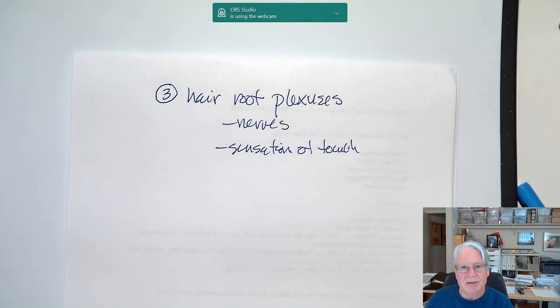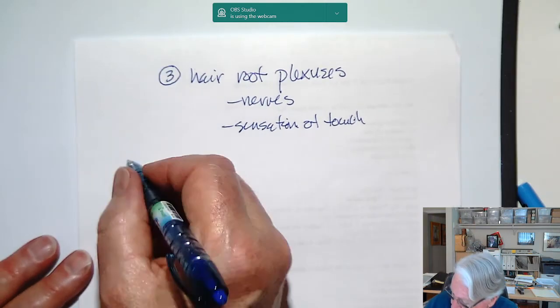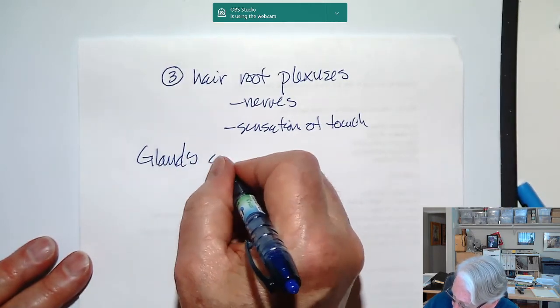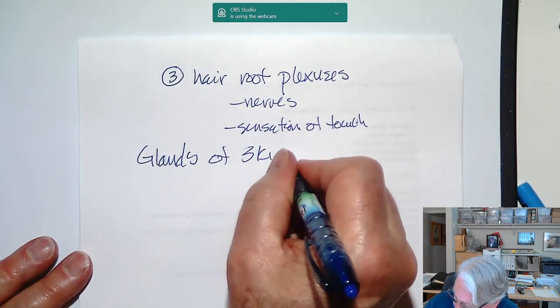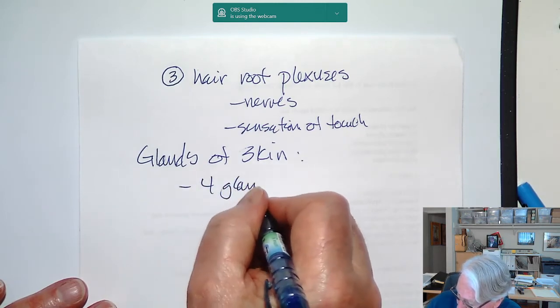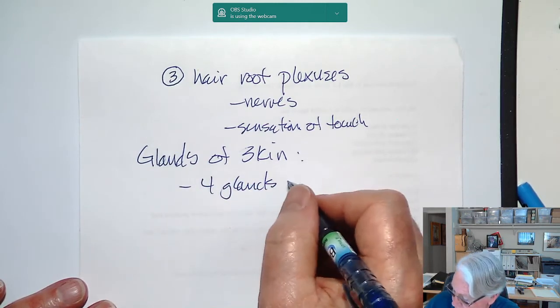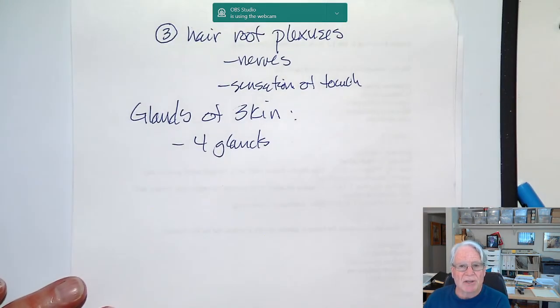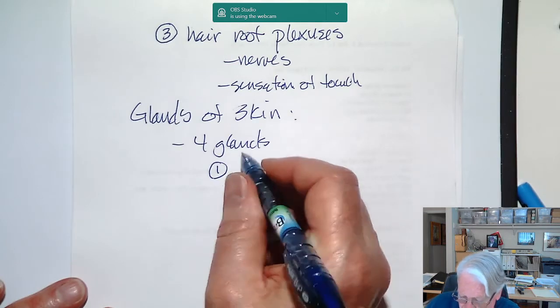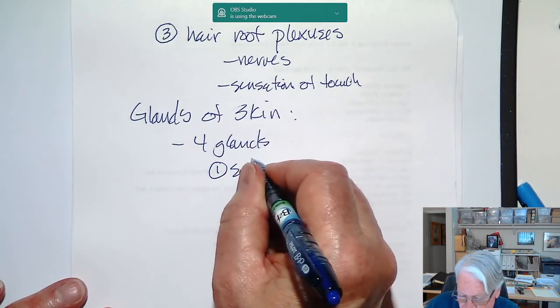So let's just finish up with the glands of the skin, I should say, not the hair. It's glands of the skin. There are four glands. Some we're going to talk about in some detail. Others I'll leave to another class. So we'll list them and then we'll talk about them. Number one, sebaceous glands.